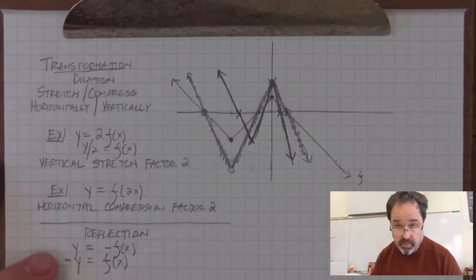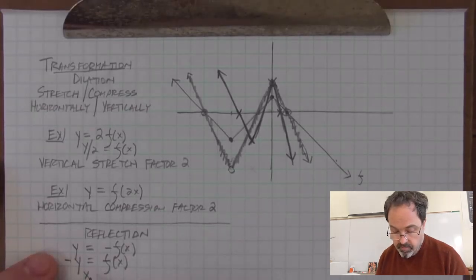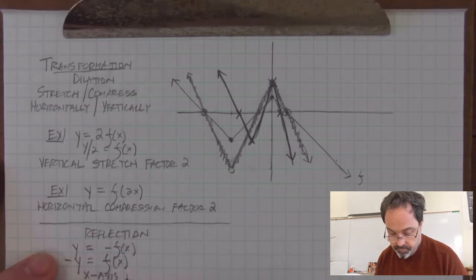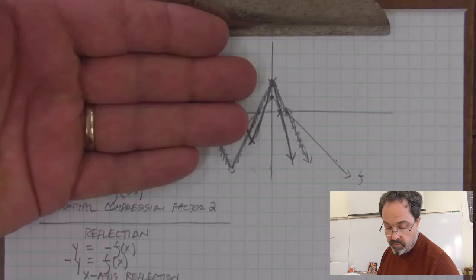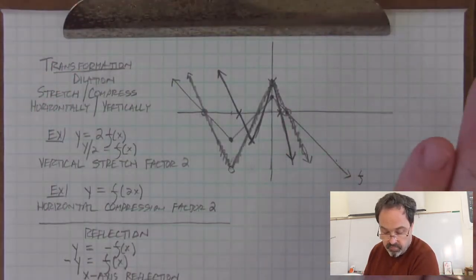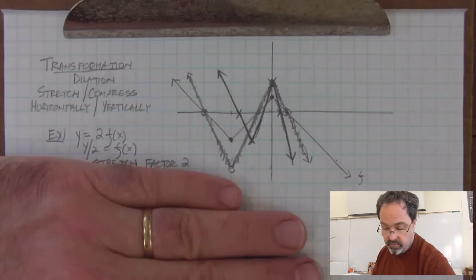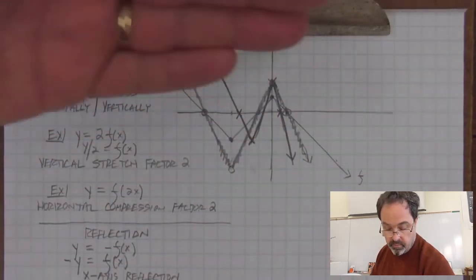We see y, it's a reflection over the x-axis. Making y negative is an x-axis reflection. That means that the original graph would be folded across the x-axis. The top would fold down and the bottom would fold up.